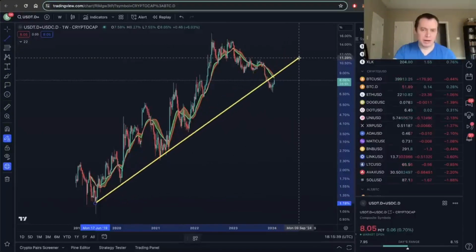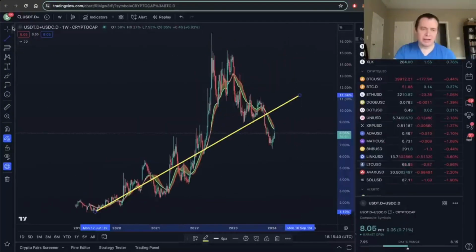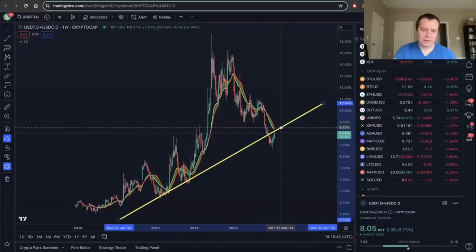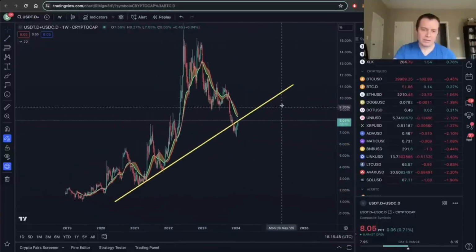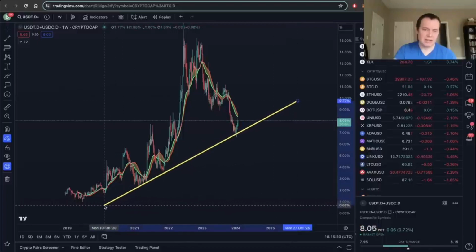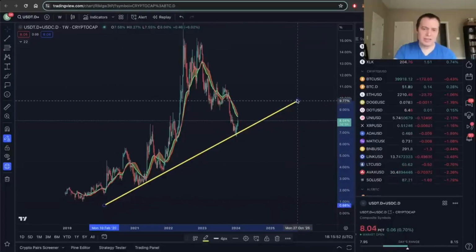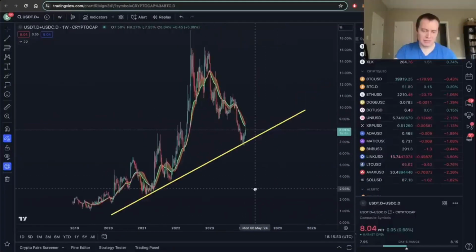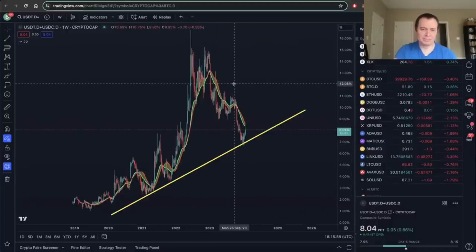But if you flip this USDT dominance plus USDC dominance to a regular scale, you can see that it has not yet broken, and there are periods where it tagged it and then it went up.